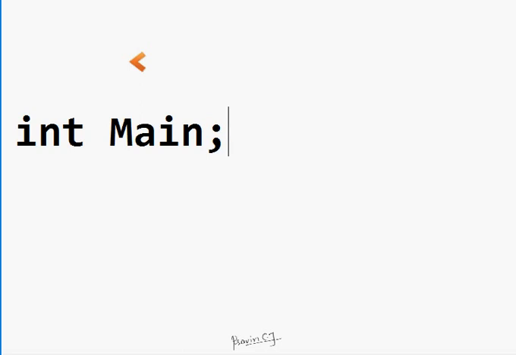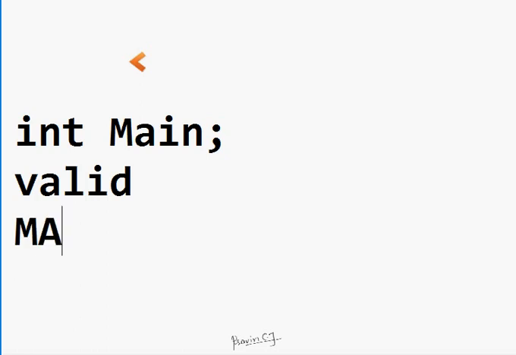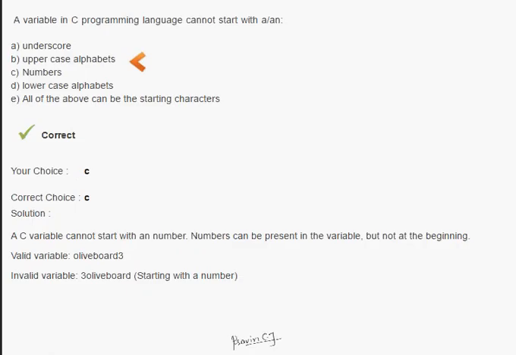For a variable we can have this name, so it is a valid one. Why is it valid? Because it is different from small m main, which is the main method.